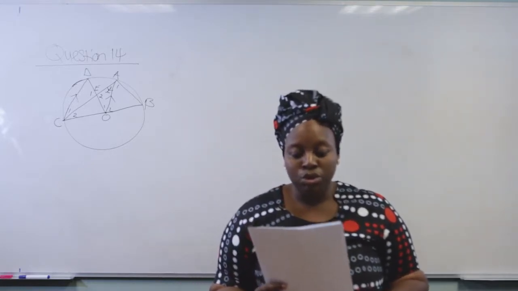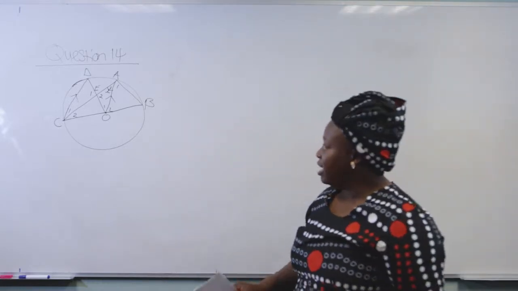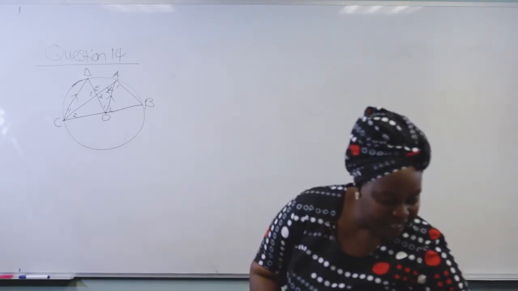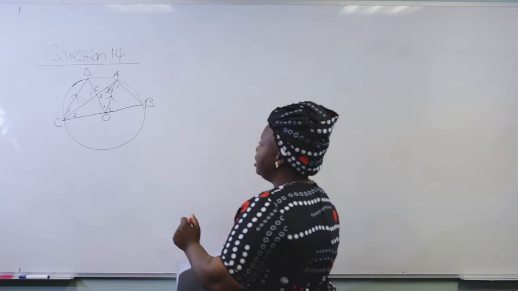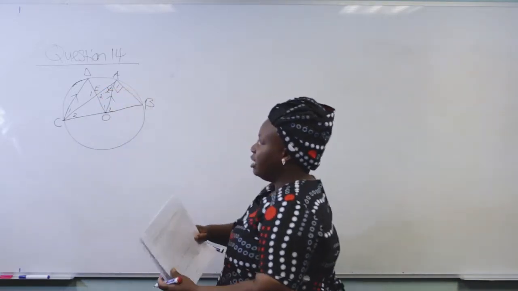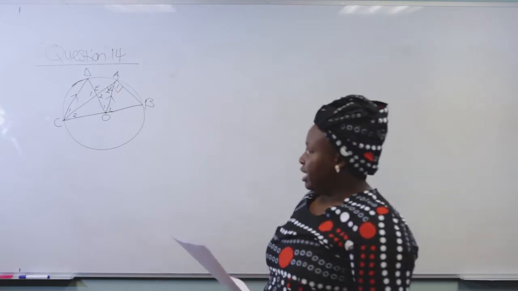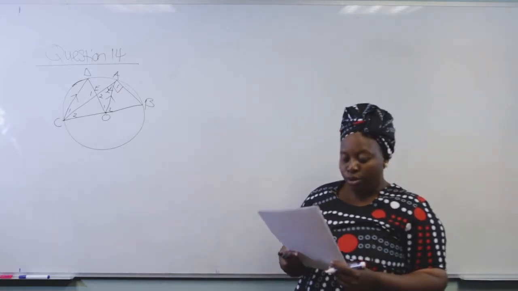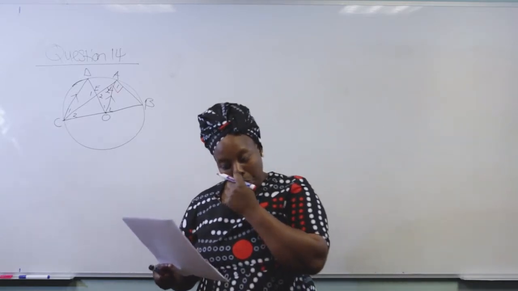And they said to you, CD is a diameter. Now, having a diameter gives you the power to say I have the angle 90 at the circumference. So angle A1 plus angle A2 is 90 because it's subtended by the diameter. You need to note that down so you can remember it while you are working on it.